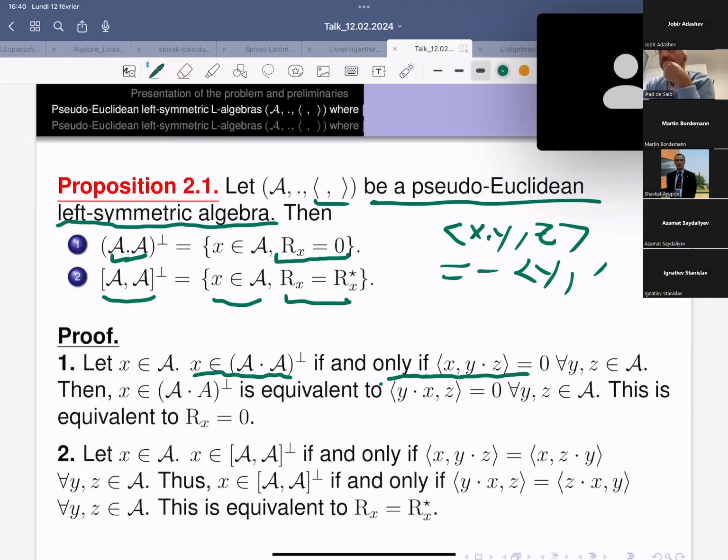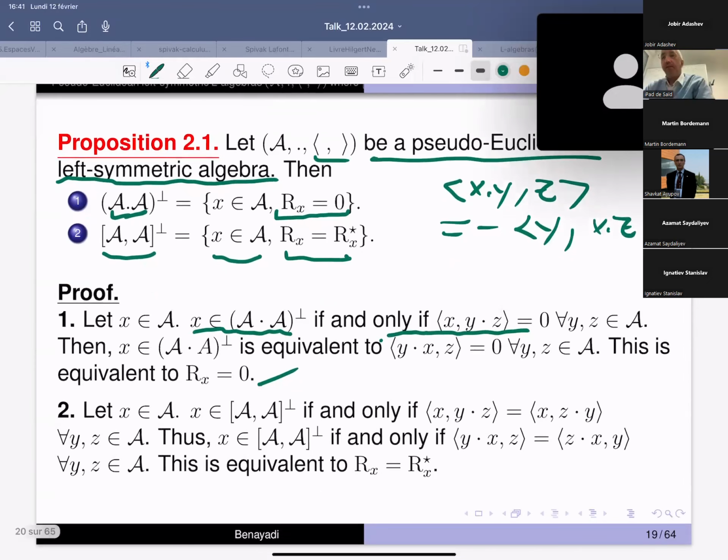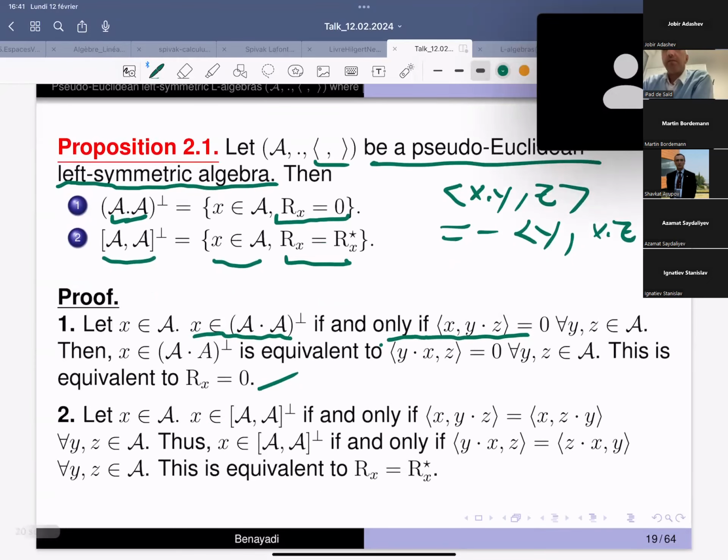All the time you have this, minus z, and this is equivalent to this. The second one is just some easy calculation to prove this. But it is very interesting to know the orthogonal of these two particular subvector spaces of R.